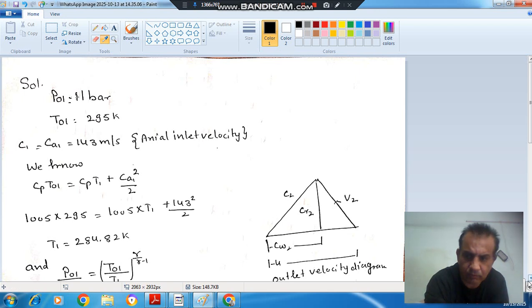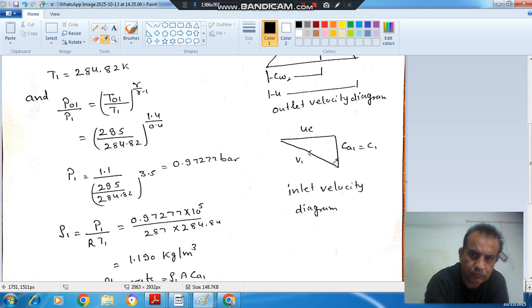This is the inlet velocity diagram that we have studied. This is your axial velocity CA1, this is the speed of the blade at a particular radius in the impeller eye, and this is the relative velocity component.